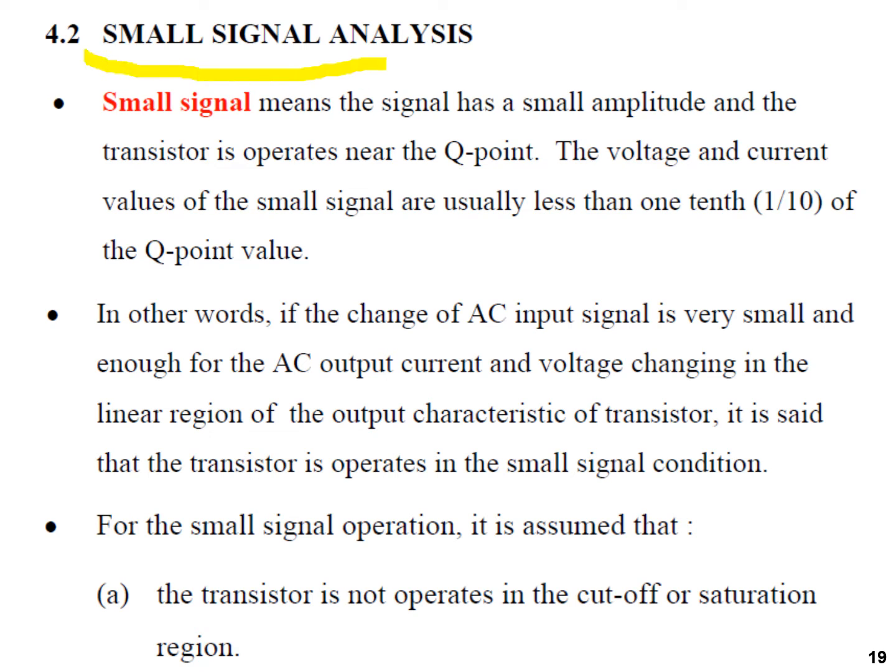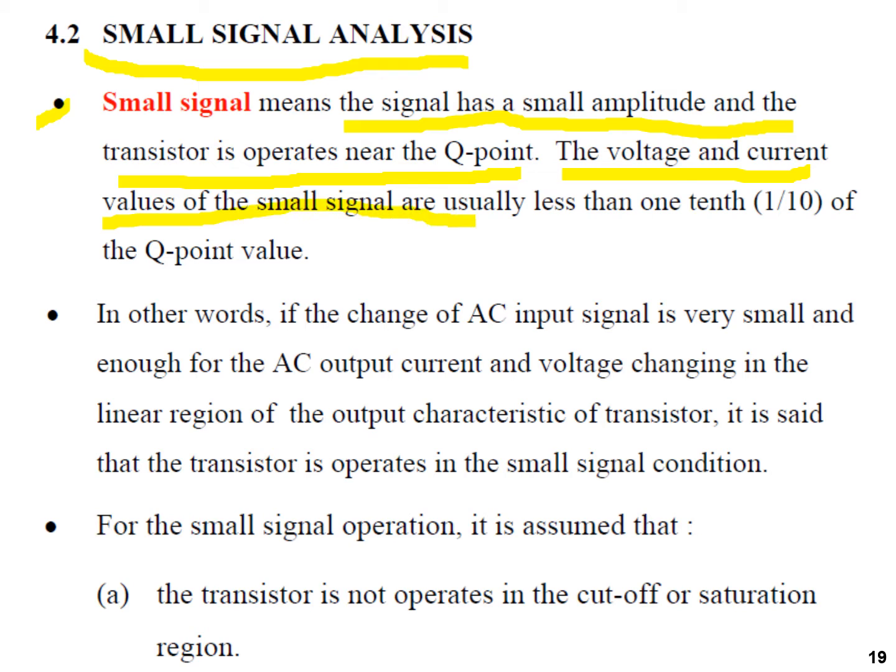Small signal analysis. Small signals mean the signal has a small amplitude and the transistor operates near the Q point. The AC voltage and current values of the small signal are usually less than 1/10, or 10%, of the Q point value.